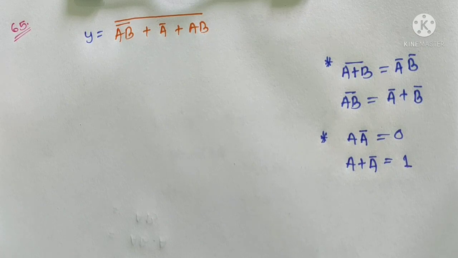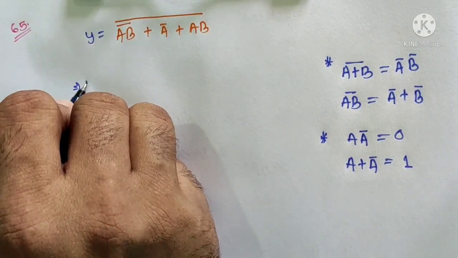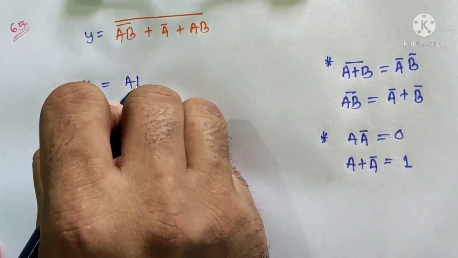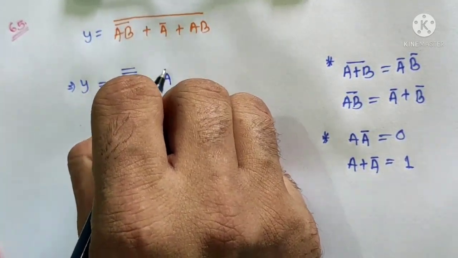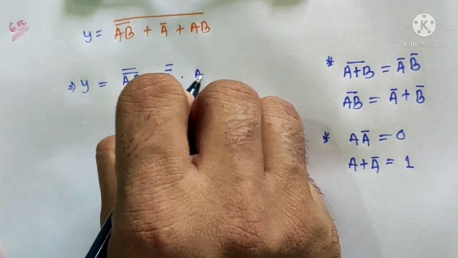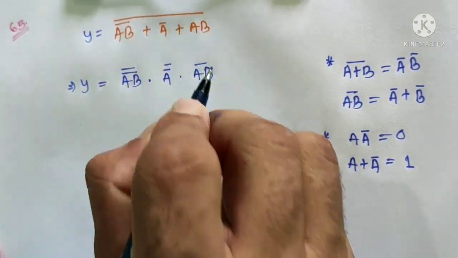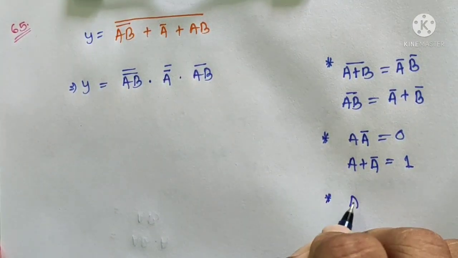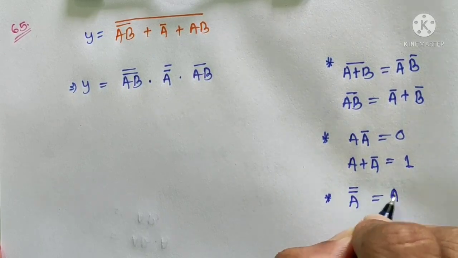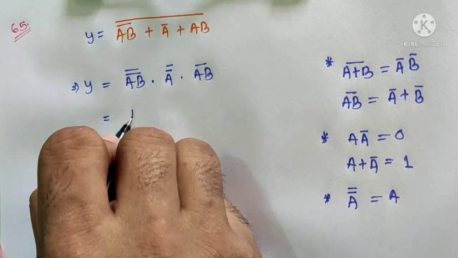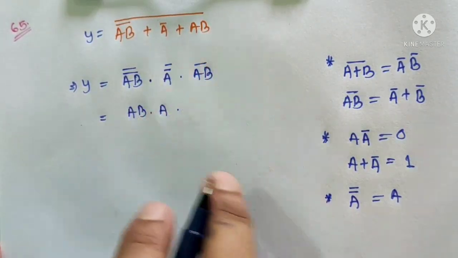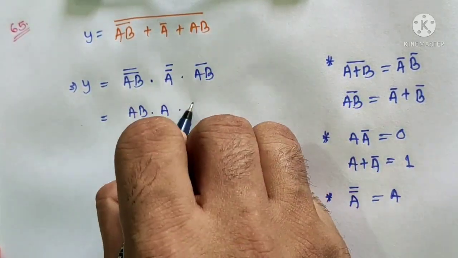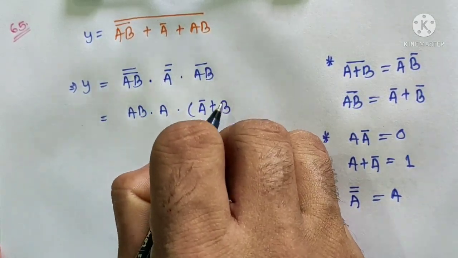So use them. Now y equals (ab bar) dot (a bar) dot (ab bar), and also we know that a double bar equals a. So this is equal to ab dot a. Now ab complement, so use this statement, that is equal to a complement plus b complement.